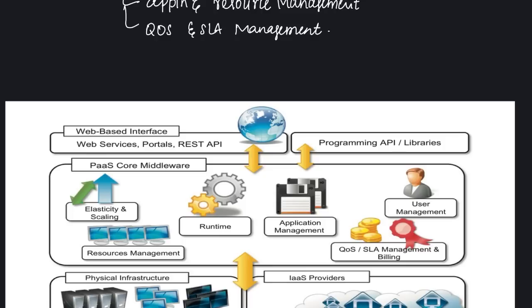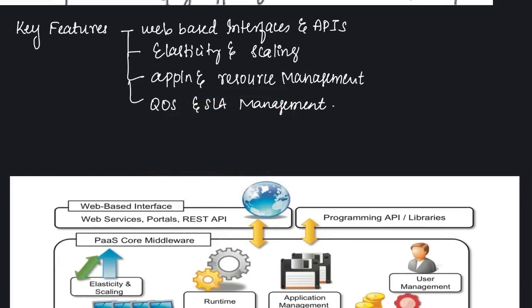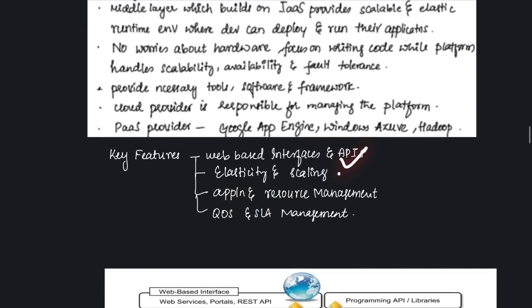Suppose for the VTU application which we are accessing, if there is high demand on the result day, the platform should be capable of managing all the load, so that this doesn't happen on the VTU website. From the platform as a service perspective, this can be ensured.